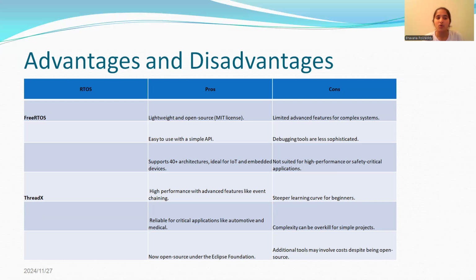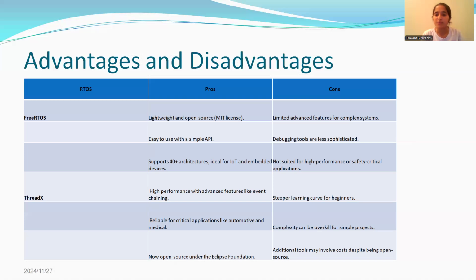Now let's talk about the cons of FreeRTOS, which has limited advanced features for complex systems, and debugging tools are very few, and it is not suited for high-performance or safety-crucial applications. Whereas ThreadX has a larger learning curve for beginners.